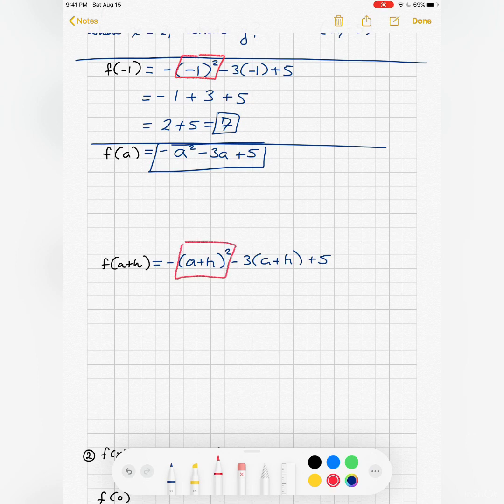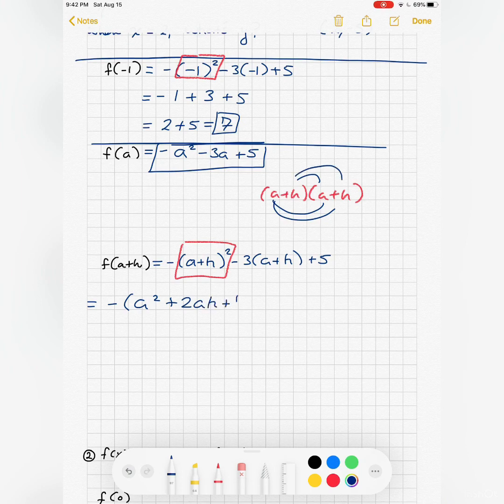Okay, so I have to apply the exponent here before I multiply. So be careful, a plus h squared is a plus h times a plus h. So I have to use that FOIL process. a squared plus ah plus another ah. So there are two ah's and then an h squared.